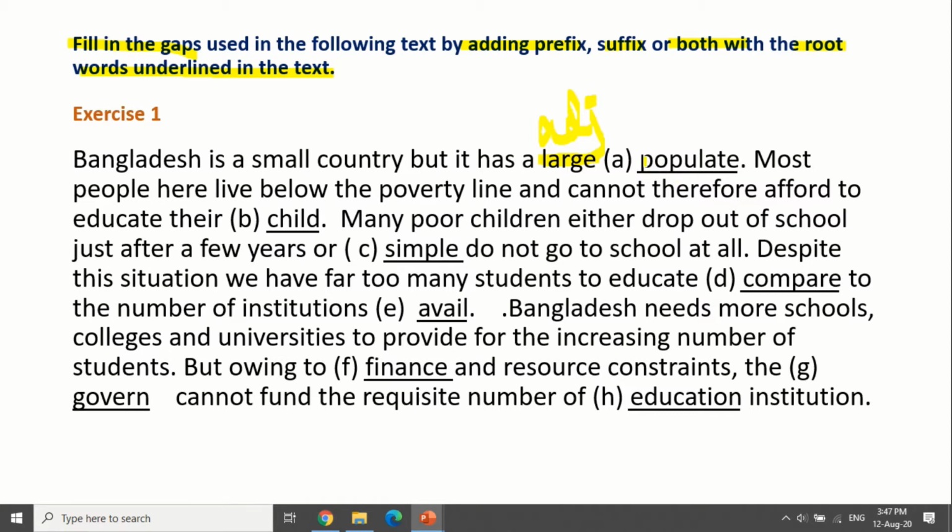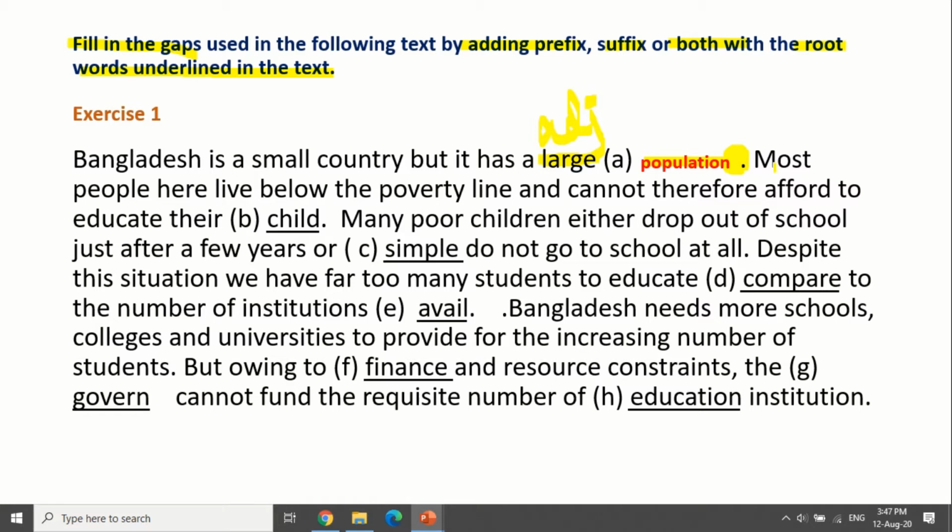So you can see that populate is a verb. So we can convert it into a noun easily. We have to eliminate this E, and after that we have to add I-O-N to convert it into a noun. So what will the word become? Population, right? Bangladesh is a small country but it has a large population.